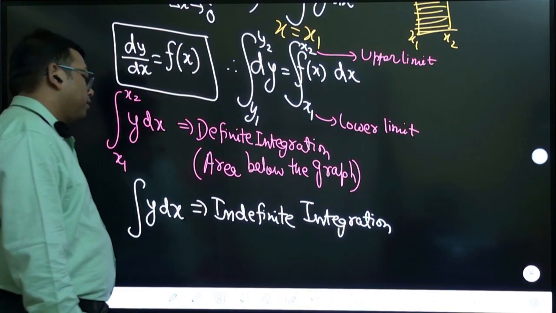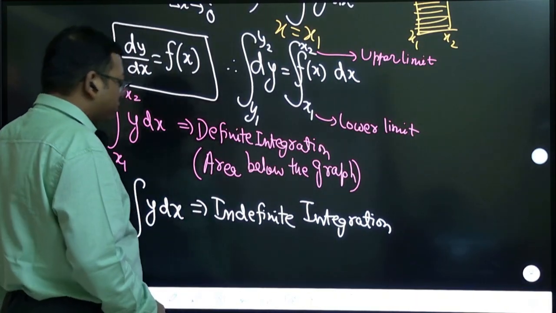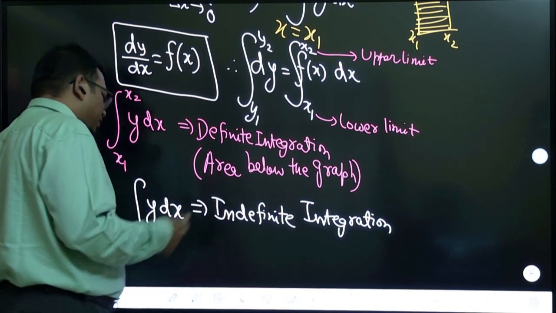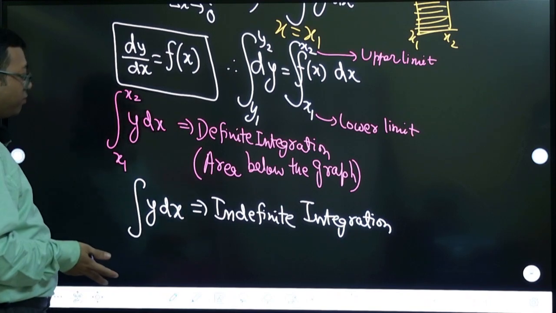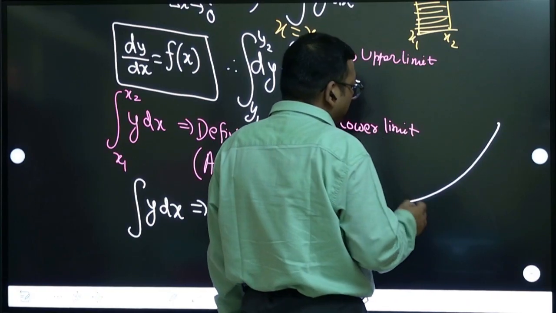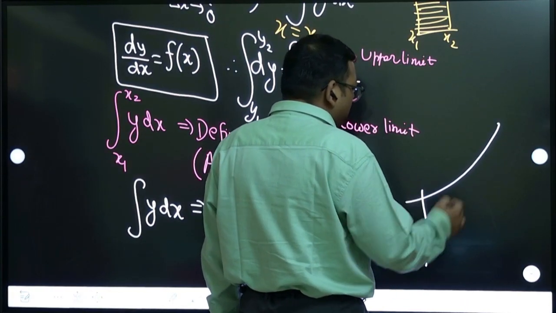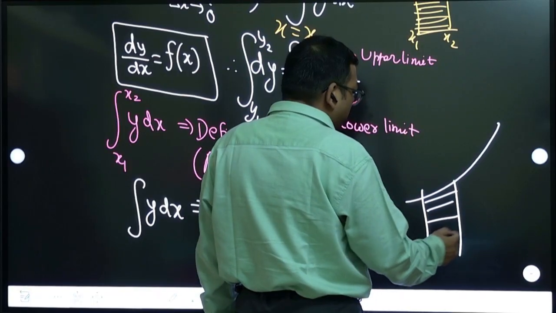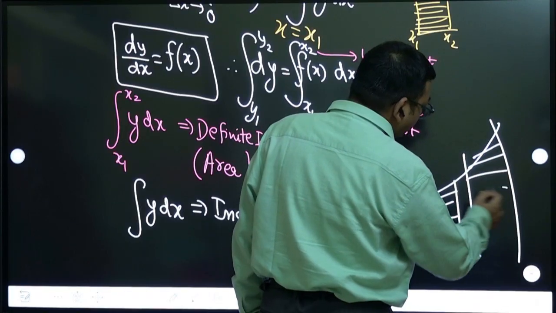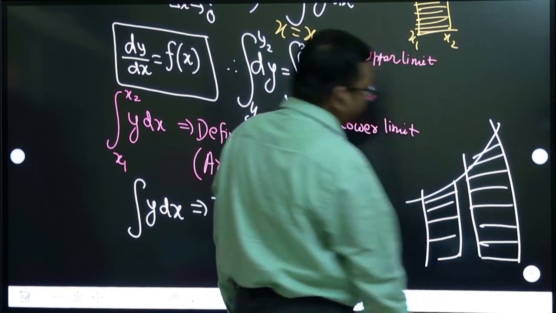And here this can give area also, but we need to know certain limits. So limits are not known, so this is called indefinite. It can be anything. That means you are not sure from where to where we are calculating. Are you calculating here to here this area, or here to here this area? That is not sure.